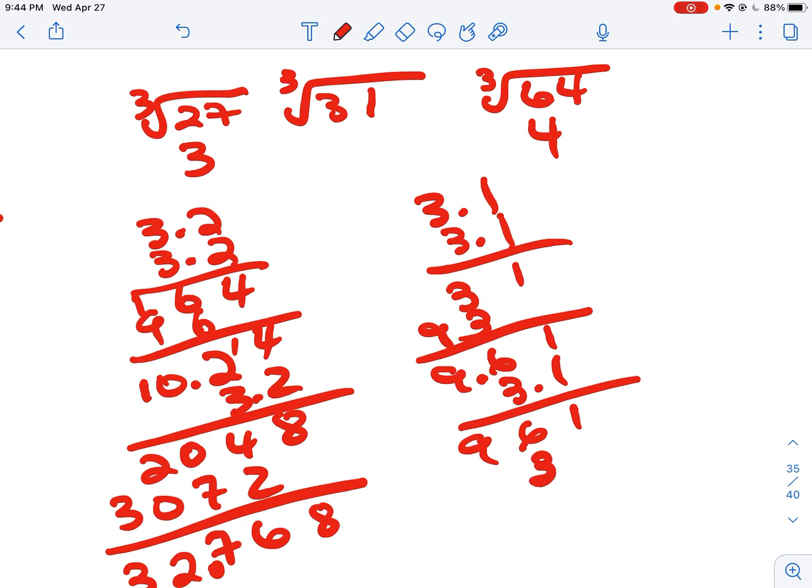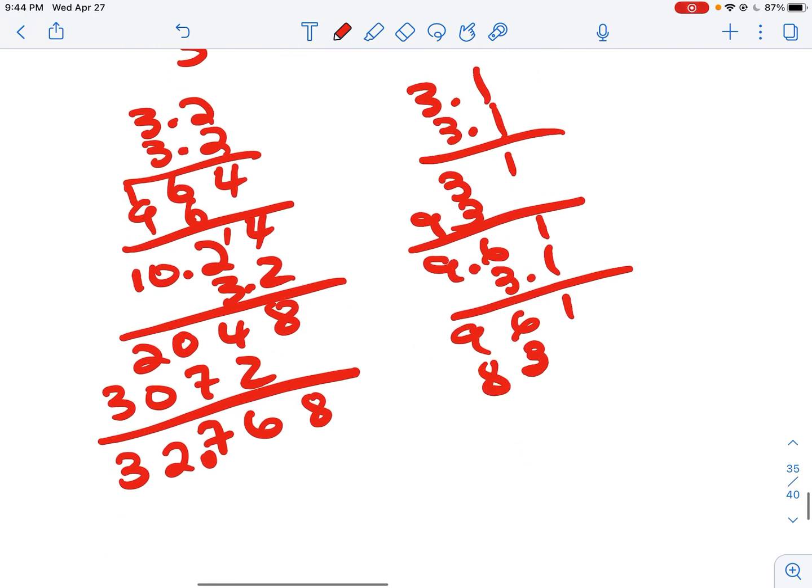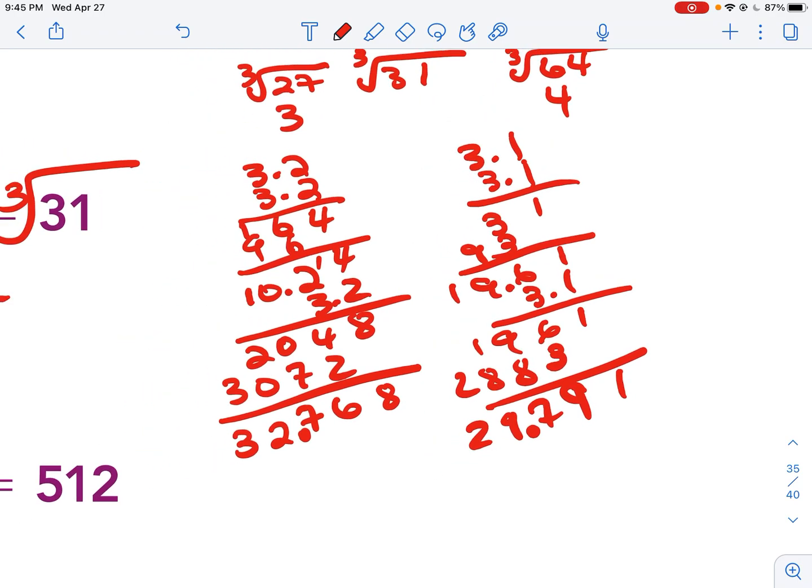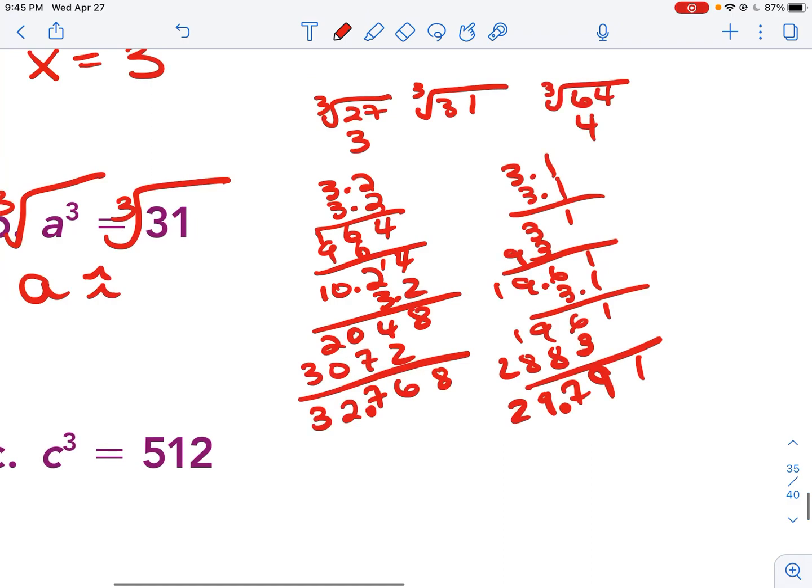So 1, 3, that's a 3, 9, 1, 6, 9, and 3.1. So that's 1, 6, 9. That's 3, 18, 28. So 1, 9, 7, 9, 2. Which one is closer? Good question.